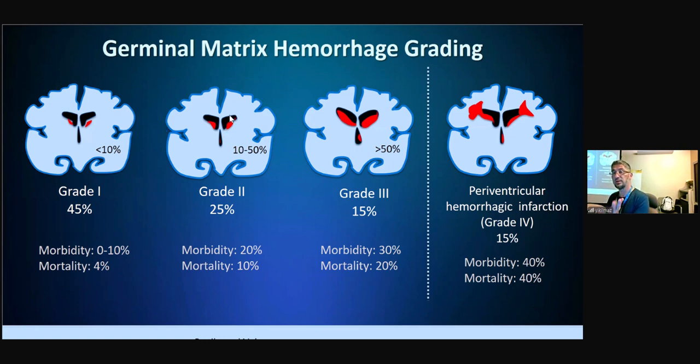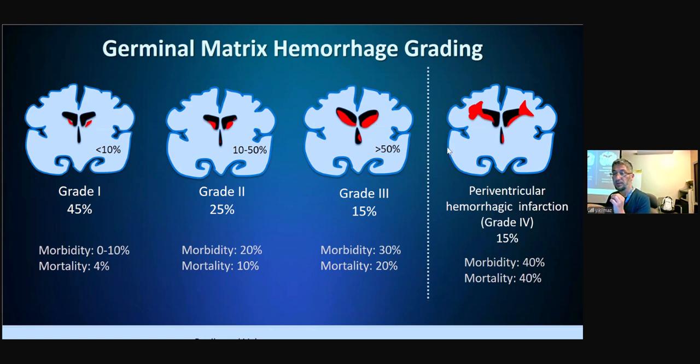In grade 2, there is hemorrhage in the ventricle, but there is no associated ventricular dilatation. In Volpe, the hemorrhage is between 10 to 50% of the lateral ventricle size. And in grade 3, there is associated ventricular dilatation. And in Volpe, there is over 50% of hemorrhage within the lateral ventricle.